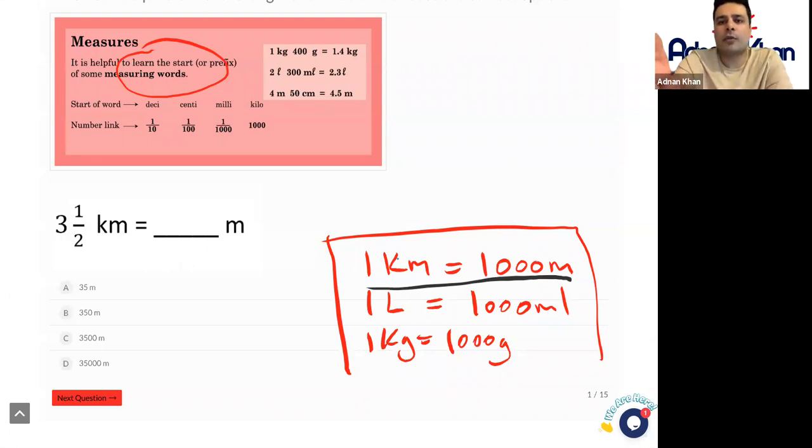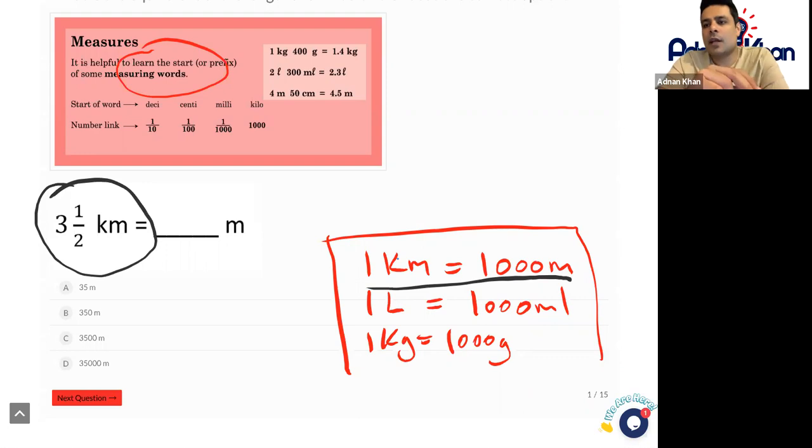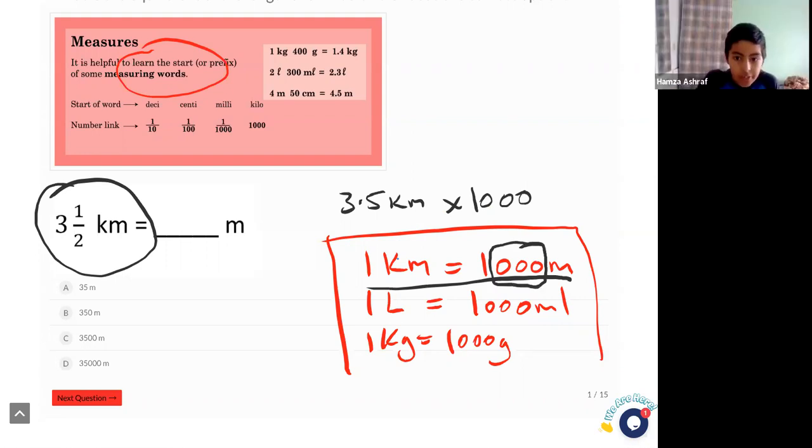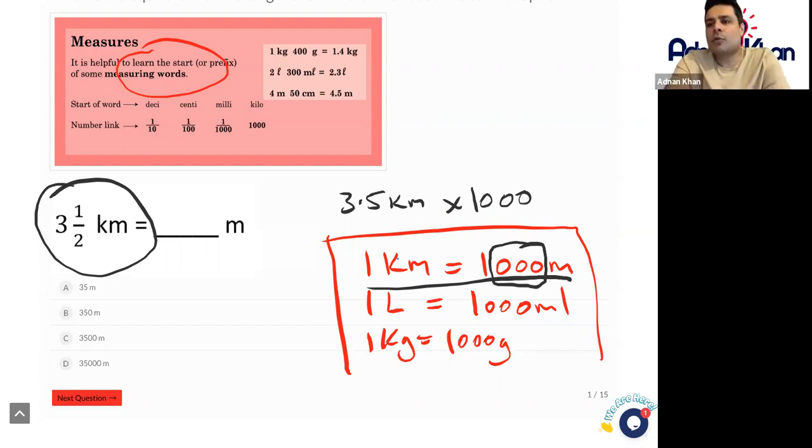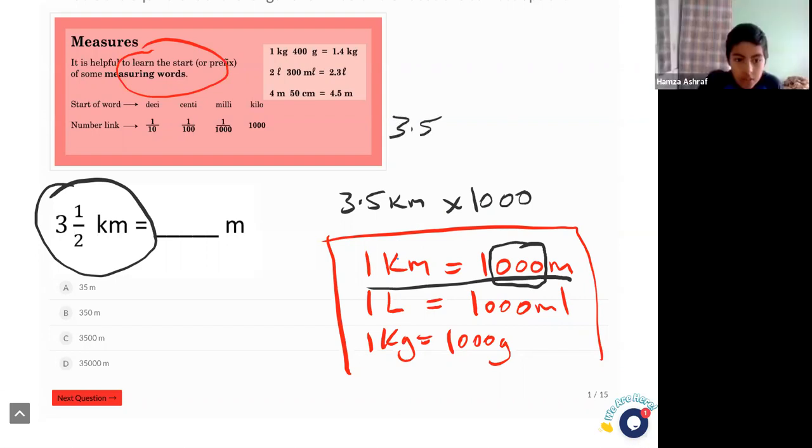So if we're looking at 3.5 kilometers, how many meters will that be? We multiply 3.5 kilometers by 1,000. The reason we multiply by 1,000 is because 1,000 has 3 zeros. How many times can I move that decimal to the right, Hamza? 3 times.